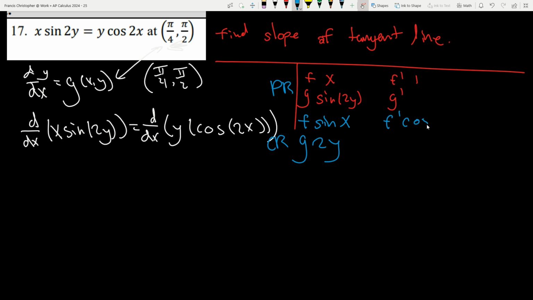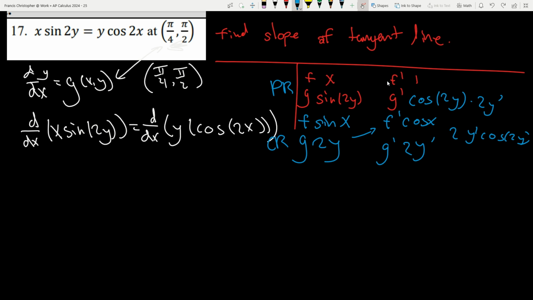F prime is cosine x, and g prime is 2 times dy over dx, which hopefully you can see why. I'll just call it y prime. So again, chain rule tells us put this into here and multiply it by this. So I get cosine of 2y times 2y prime, or 2y prime cosine 2y.